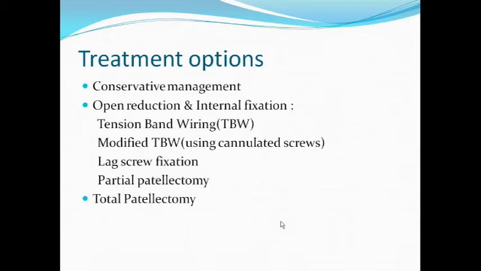Tension band wiring, or we call it TBW, and modified TBW, where we use cannulated screws instead of K-wires. I will later tell you what TBW and modified TBW are. Third is lag screw fixation. Sometimes we fix the patella with screws, which we call lag screws.